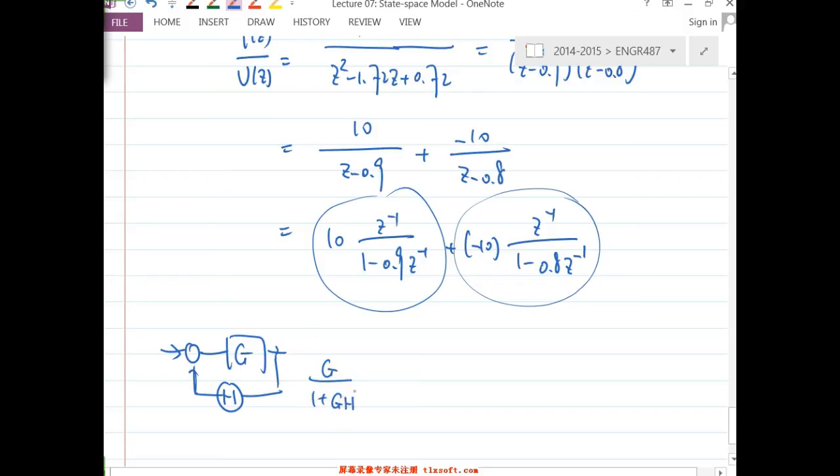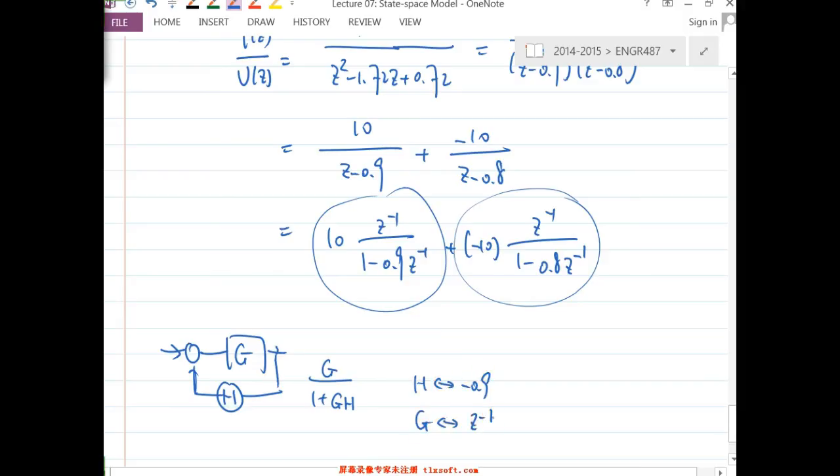So for each block here, I can consider this z to the power -1 as G, and I can consider this negative 0.9 as the H. So H is negative 0.9 and G is this block.